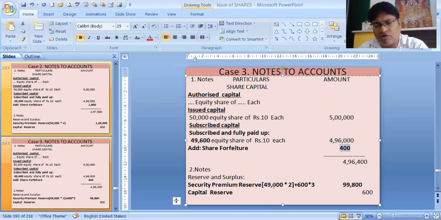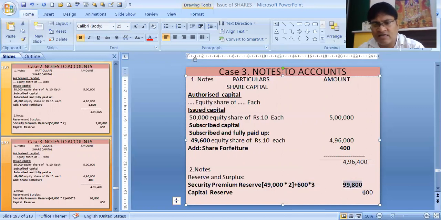Reserves and surplus: 49,000 into 2, because 2,000 rupees we have reduced of the shares which we have forfeited, because we have not paid the allotment also. Allotment was including the premium. And the 600 shares, when they were reissued, were reissued at rupees 3 premium. 600 into 3, 1800. 49,000 into 2, that is 98,000, plus 1800 is 99,800.